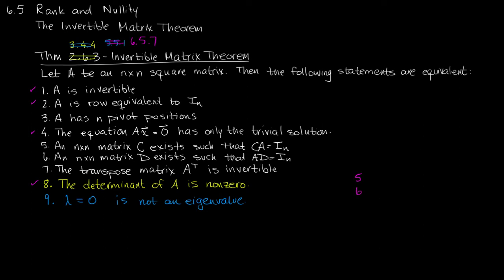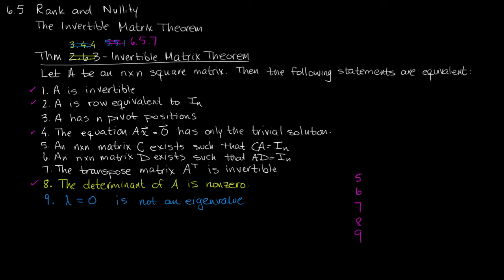And number 7, the column vectors form a basis for Rn. Those aren't present in the theorem as we see it currently. Number 8, A has rank n. And number 9, A has nullity 0. So 5 through 9 in that form of the invertible matrix theorem are not present in the version that we currently have on the screen.